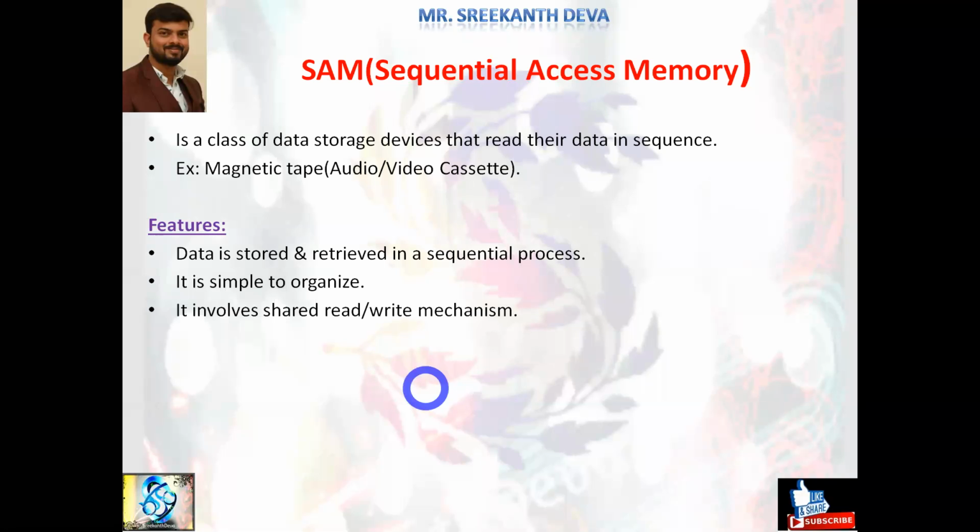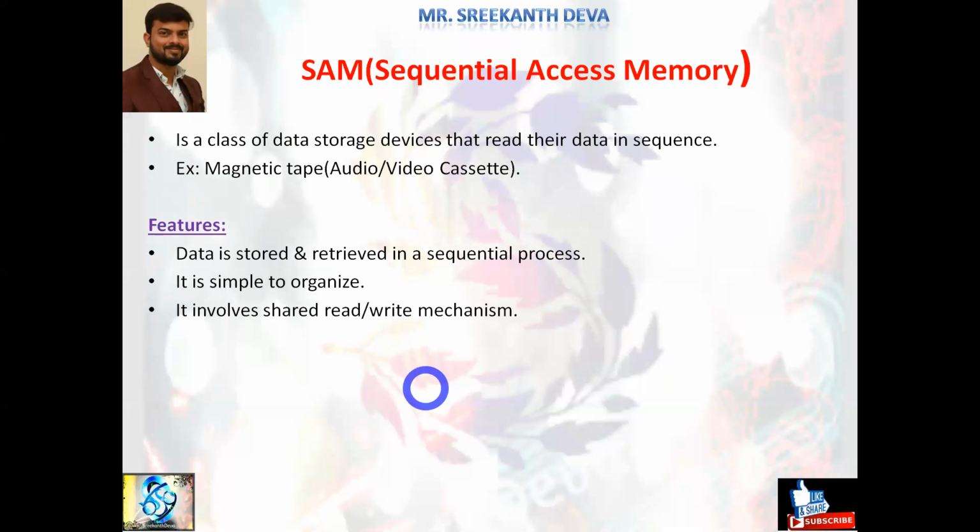Sequential access memory, because the memory is going to be accessed sequentially in secondary storage devices. That's what we call sequential access memory. This sequential access memory is a class of data storage devices that read their data in sequence. This is in contrast to random access memory, where data can be accessed in any order.